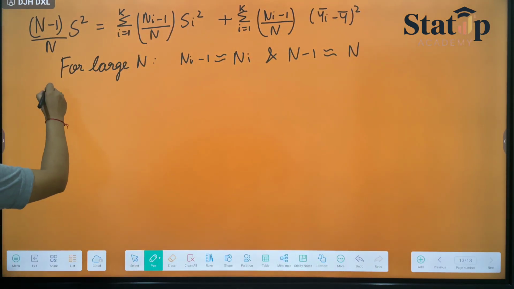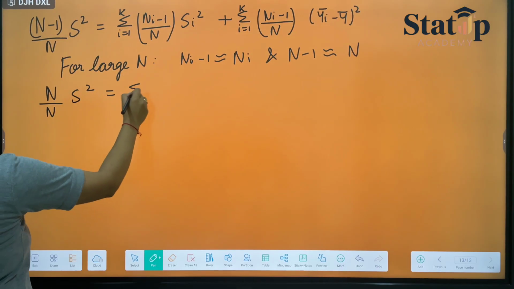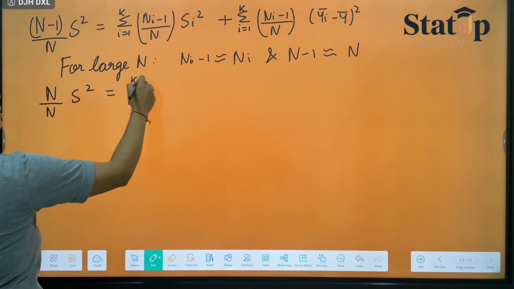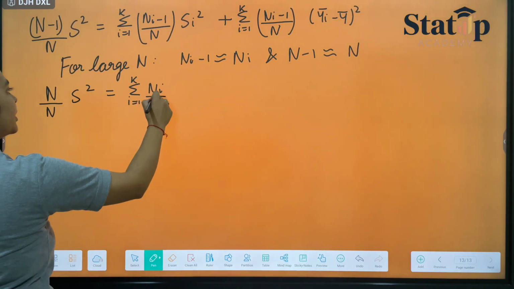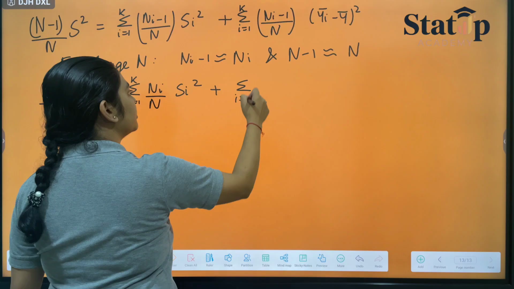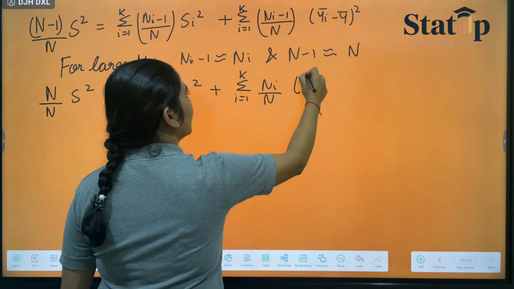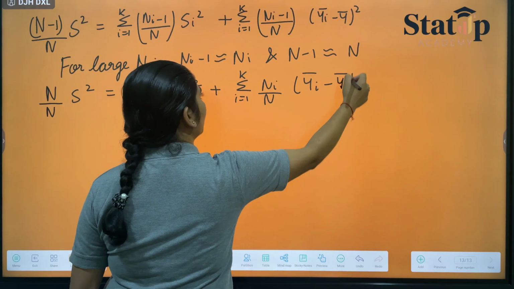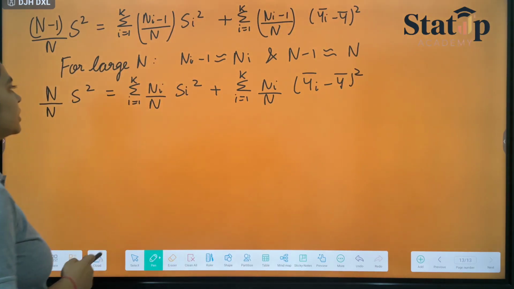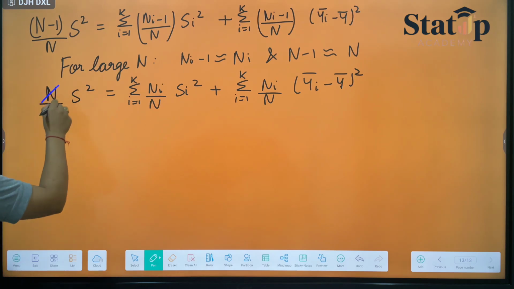So substituting that, we are left with n upon n s square is equal to summation i goes from 1 to k ni upon capital N si square, plus summation i goes from 1 to k ni upon n (yi bar minus y bar) whole square. So this ni upon n is nothing but wi, we all know that, and this n and n get cancelled.